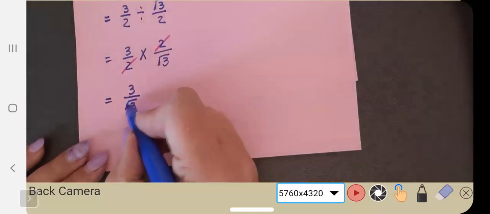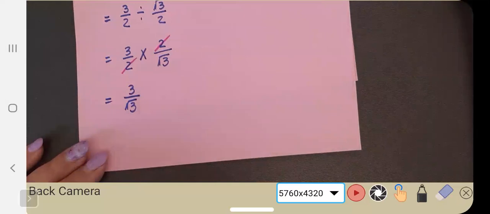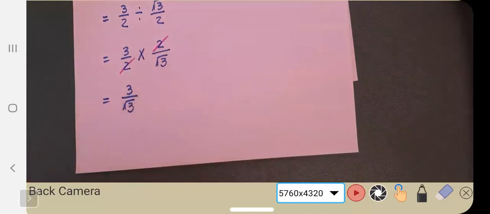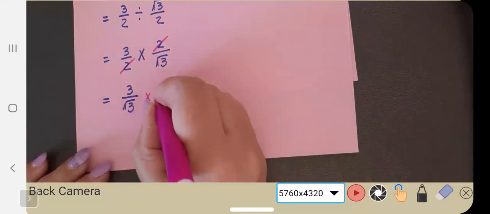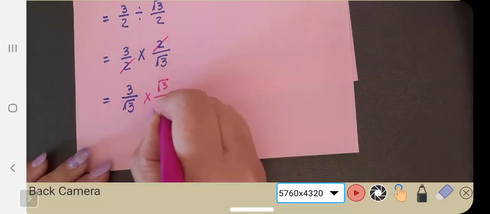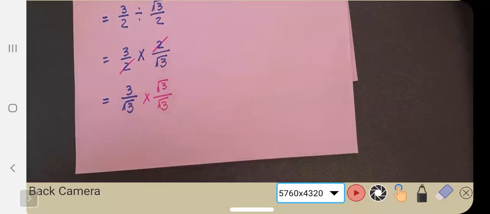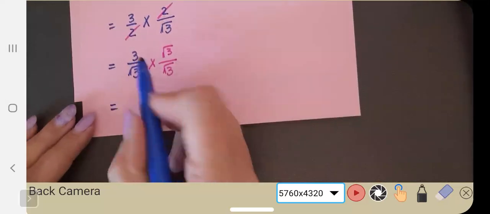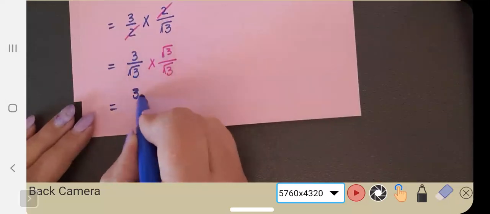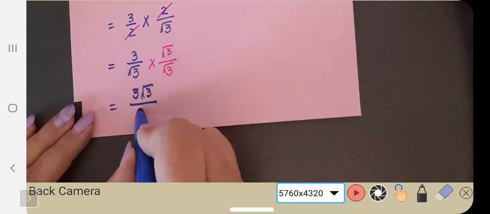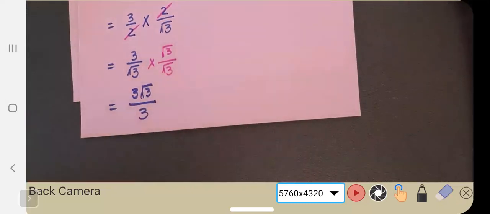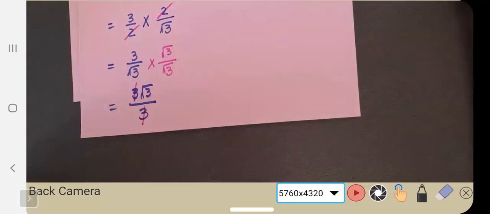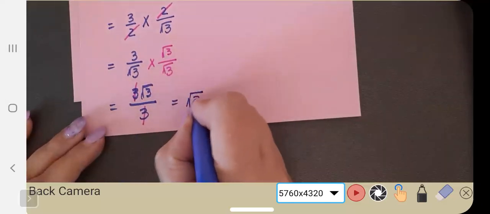But it's not allowed to end your sum with a square root in a denominator, so I have to multiply it by a special 1, and that is square root 3 over square root 3. Then you will get 3 square root 3 over 3. Again, these can cancel out, and my answer is square root 3.